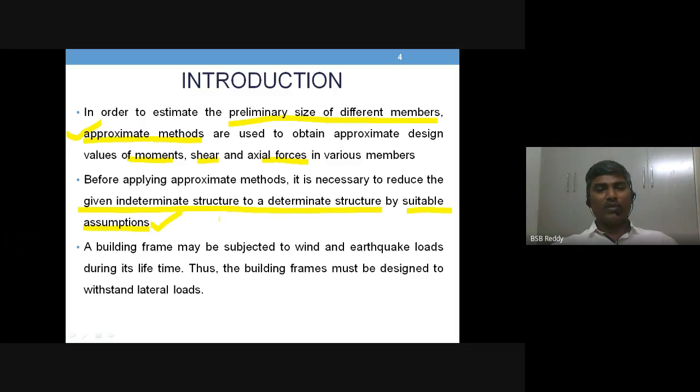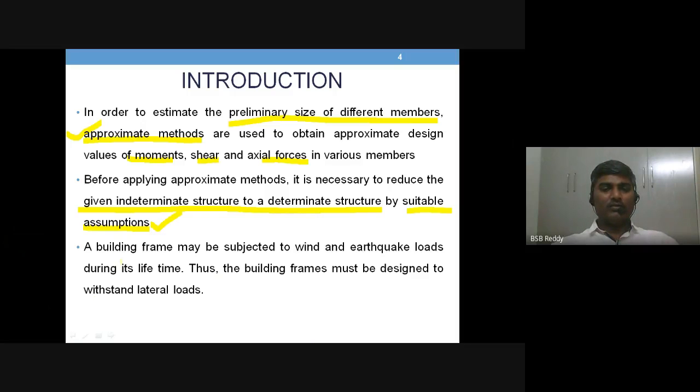Now we are going to meet those additional equations by way of assumptions. So equilibrium equations are available, plus to make the structure determinate you need some assumptions or additional equations. That is how we convert or reduce the indeterminate structure to determinate.